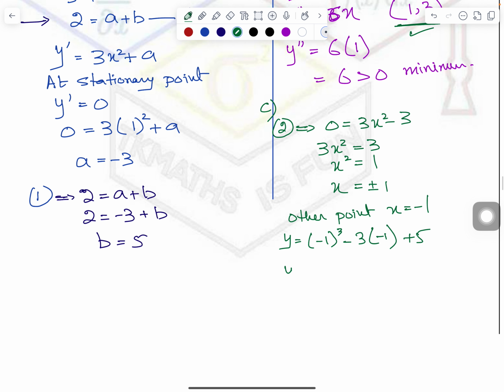So I will get here 6, 5, 6, 7, 8. Sorry, it is 7. Okay, so the other point is (-1, 7).